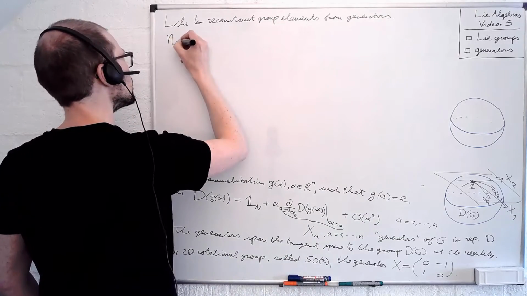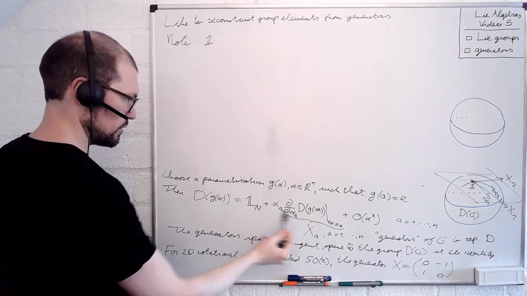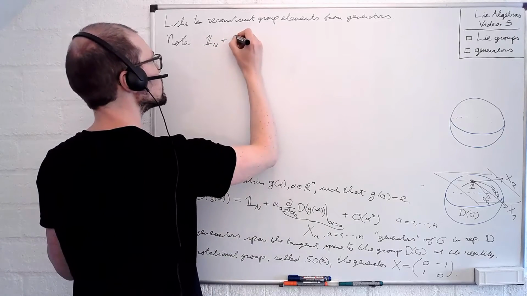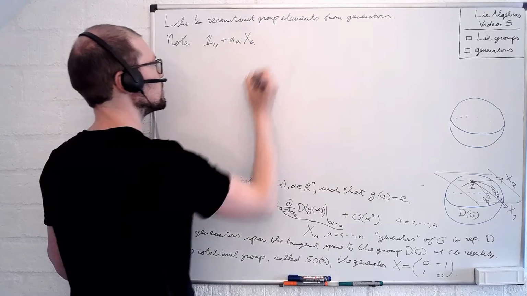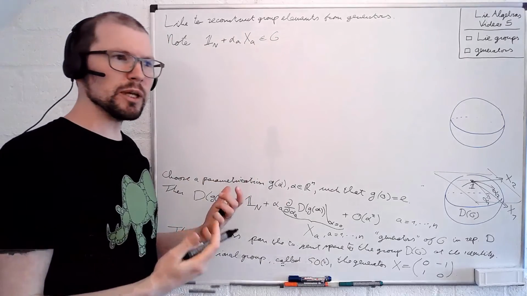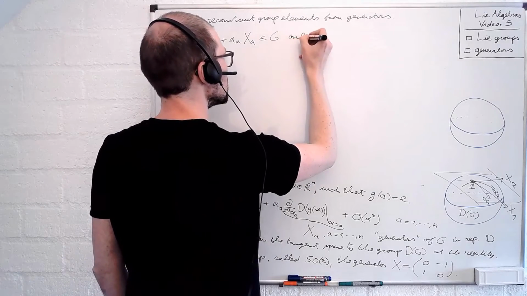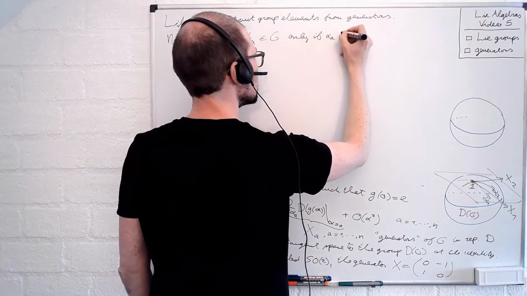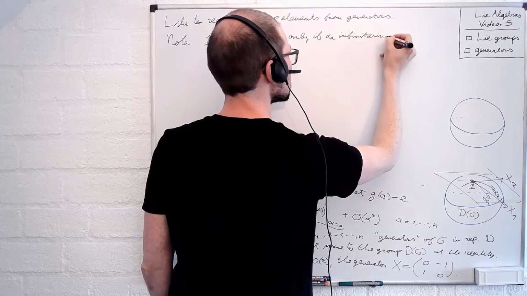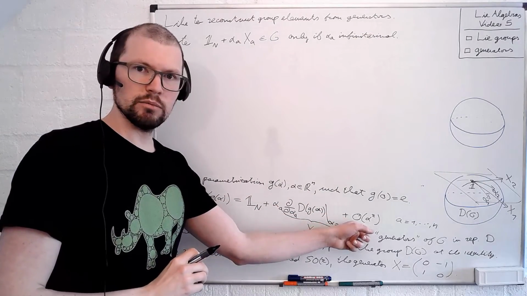But note that if we take an element of this form, the identity matrix plus some linear combination of the generators, then for this to be a group element, what we really need is that alpha A is infinitesimal. Only if alpha A is infinitesimal, because only when it's infinitesimal can we really neglect the alpha squared term.